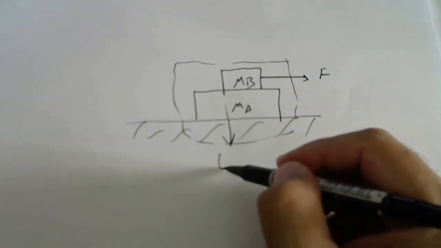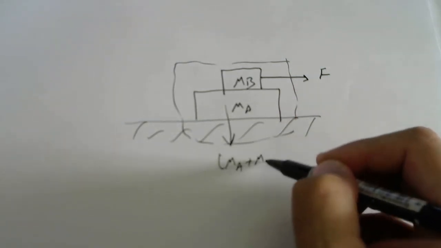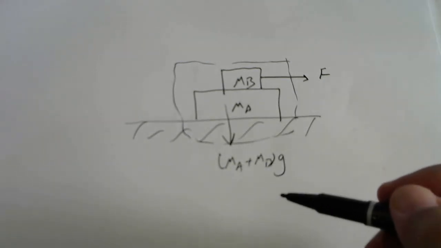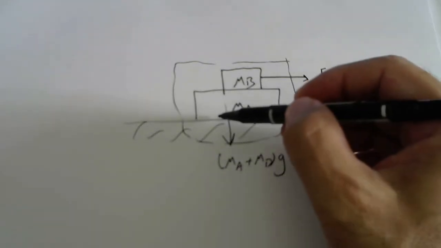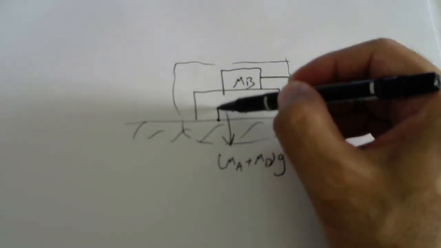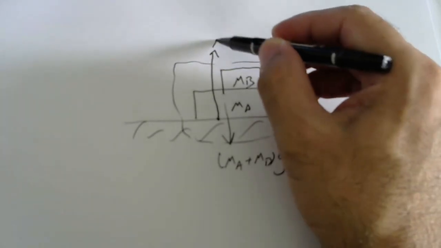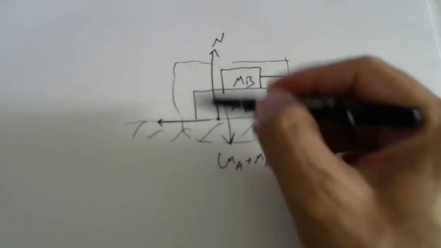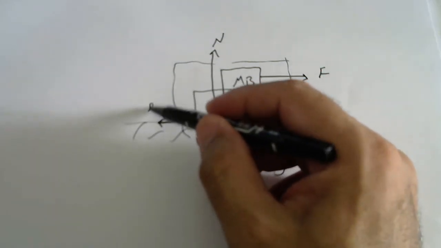So you have (MA plus MB) times g, the gravitational force. You have a reaction force, the normal reaction, N. You have the friction at the point of contact between the system and the surface.